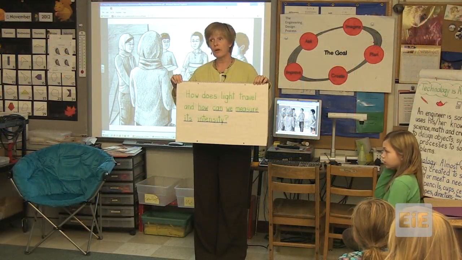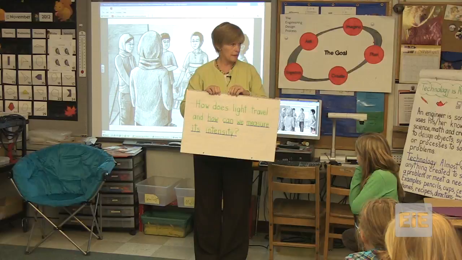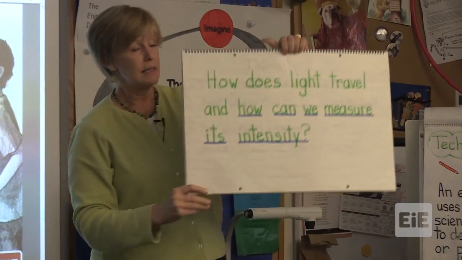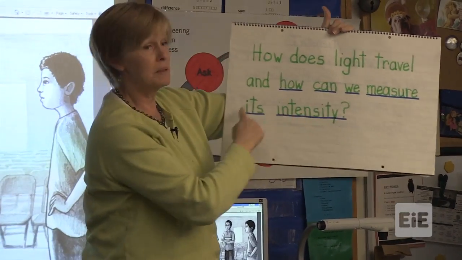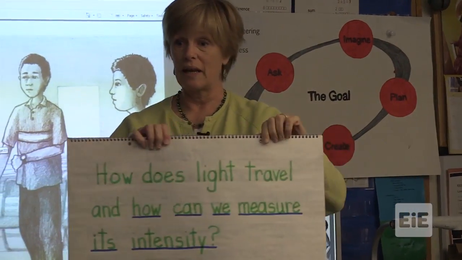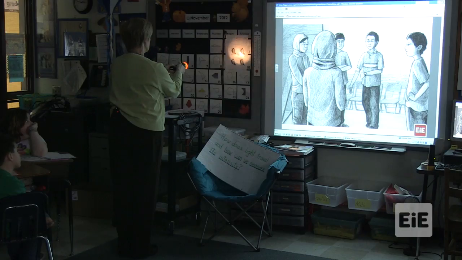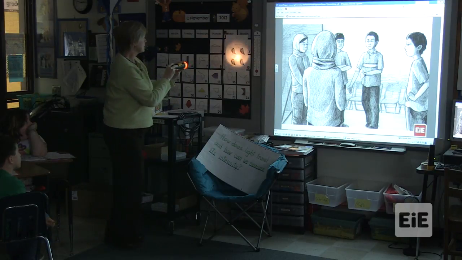So you already said light travels in a straight line until it is blocked, absorbed, or reflected. And the second part of our question is, how can we measure its intensity? That is what we will do today. Over here are some hieroglyphs. I'm going to come up about here. I'm going to hold this.